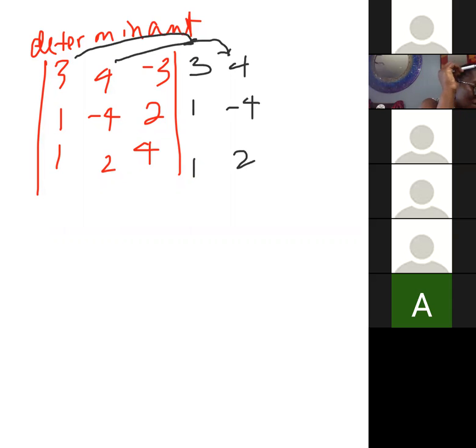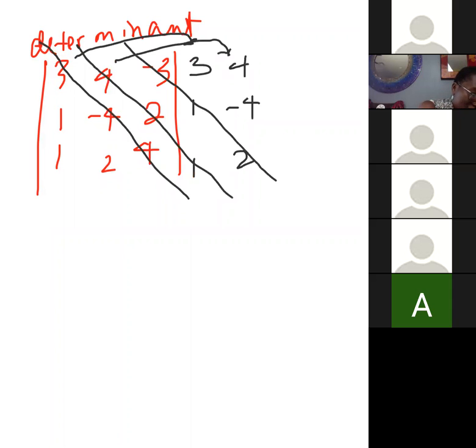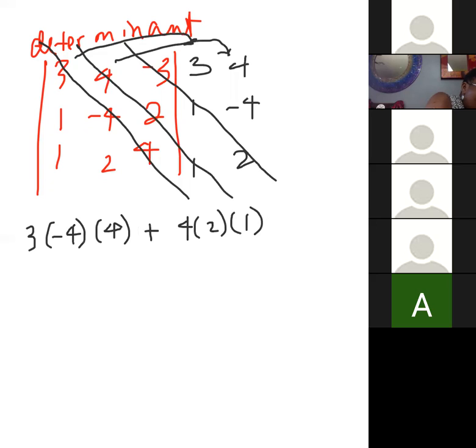Now, go along with me here, guys. We're going to do the main diagonal here, the diagonal here, the diagonal here. We're going to multiply them together. So multiply all these numbers that I've crossed out together. For the first one, I'm doing 3 times -4 times 4 plus 4 times 2 times 1 plus -3 times 1 times 2.